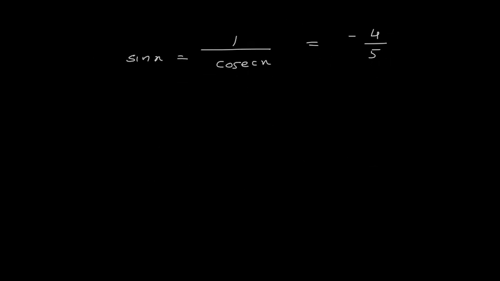Also I know the value of cot x, and cot x is cos x upon sin x. So therefore I have cos x as cot x into sin x.